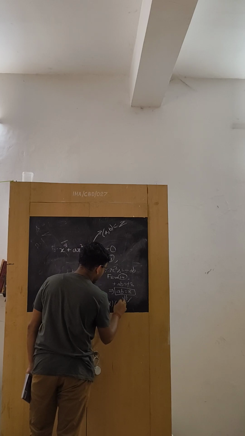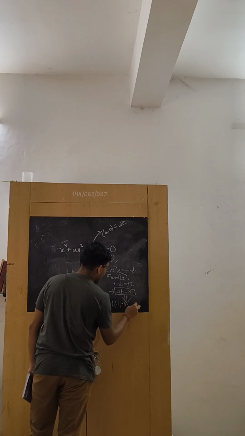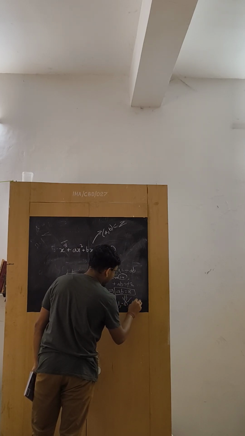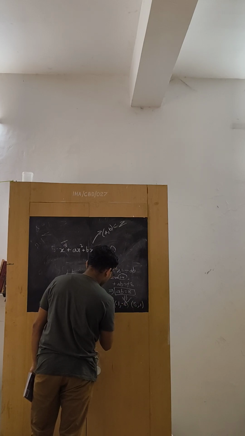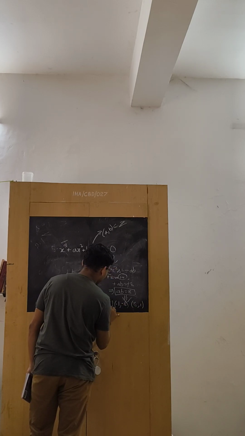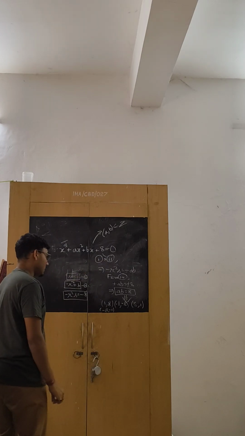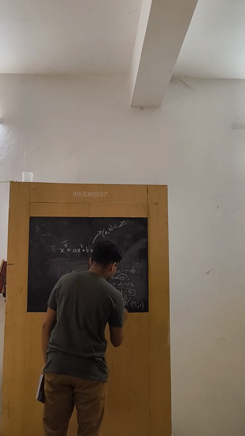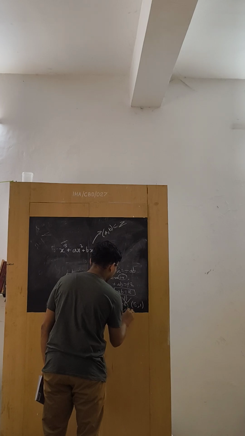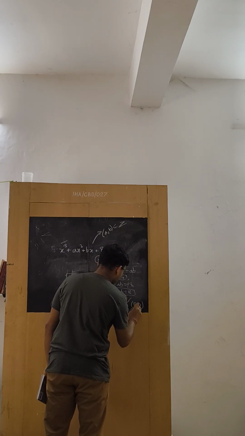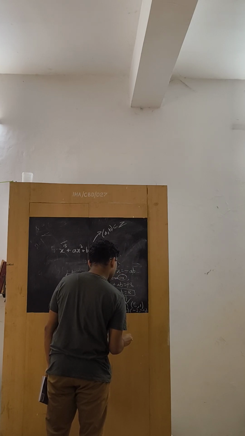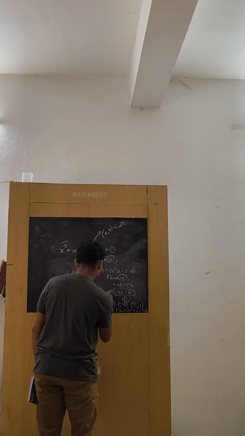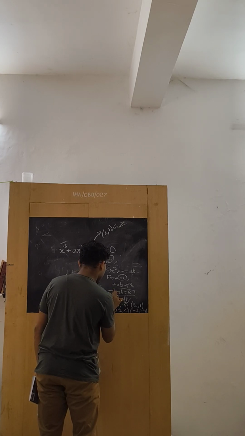We can take negatives also, minus 1 comma minus 8, 8 comma 1, minus 8 comma minus 1, 2 comma 4, minus 2 comma minus 4, and what more will I be left with? 4 comma 2, minus 4 comma minus 2.